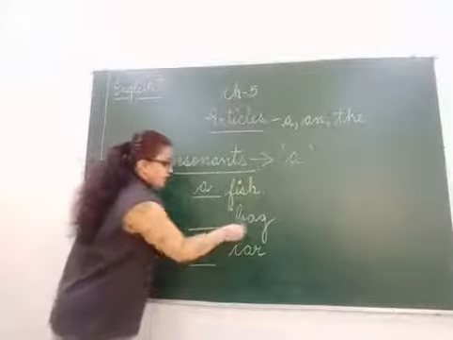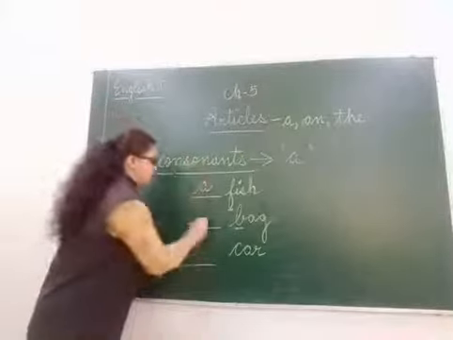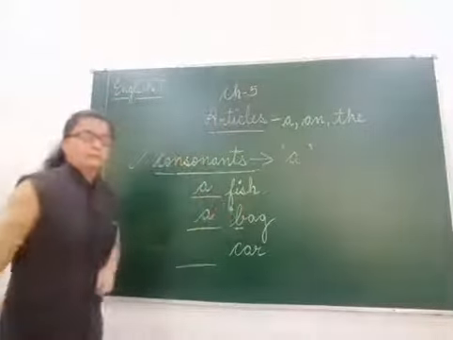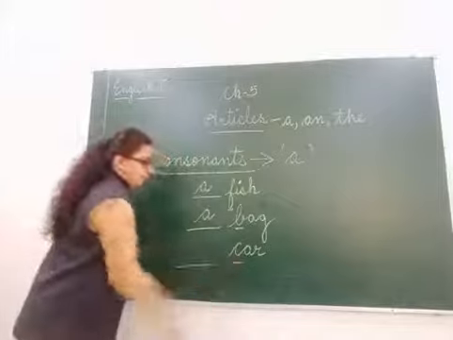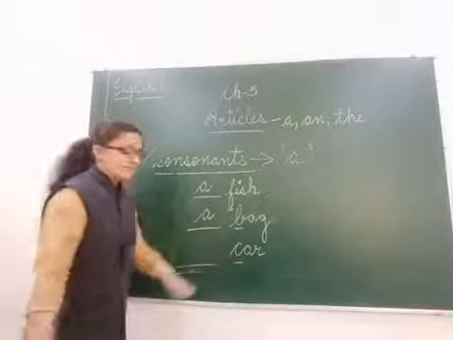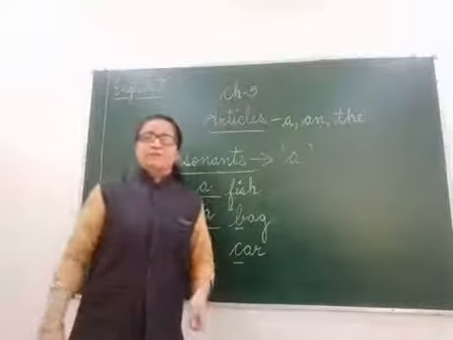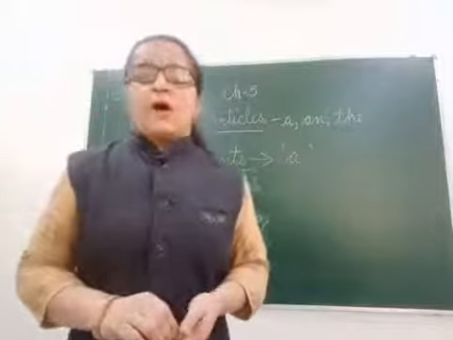Bag. Bag is starting with B. B is a consonant. So you will say a bag. Car. Car is starting with letter C. So what you will say? A car. Yes? Understood where you have to use a or an?